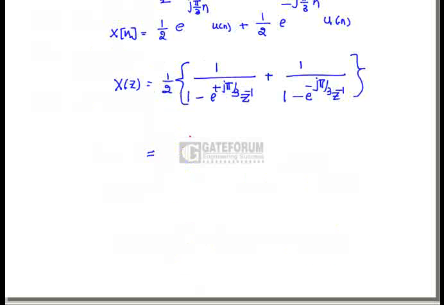After simplification, x of z is going to be z into z minus 1 divided by z square minus z plus 1, mod z greater than 1. Here the option is D.